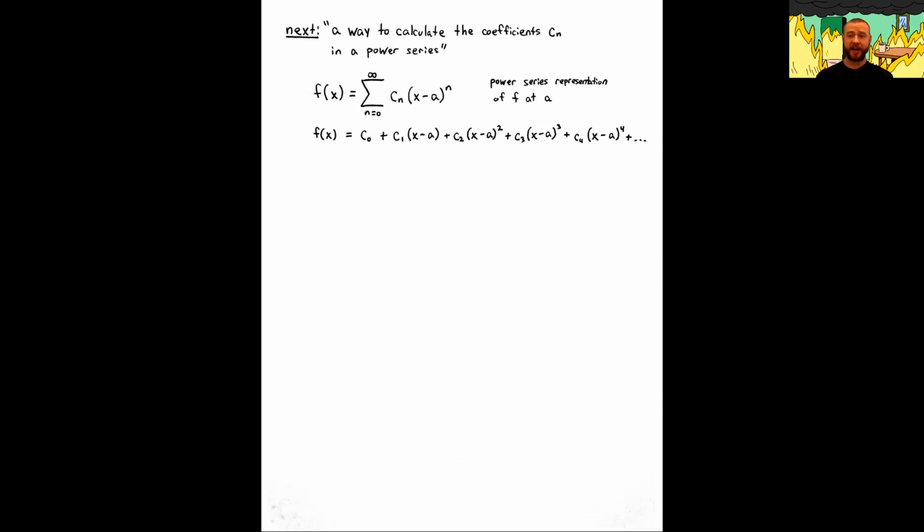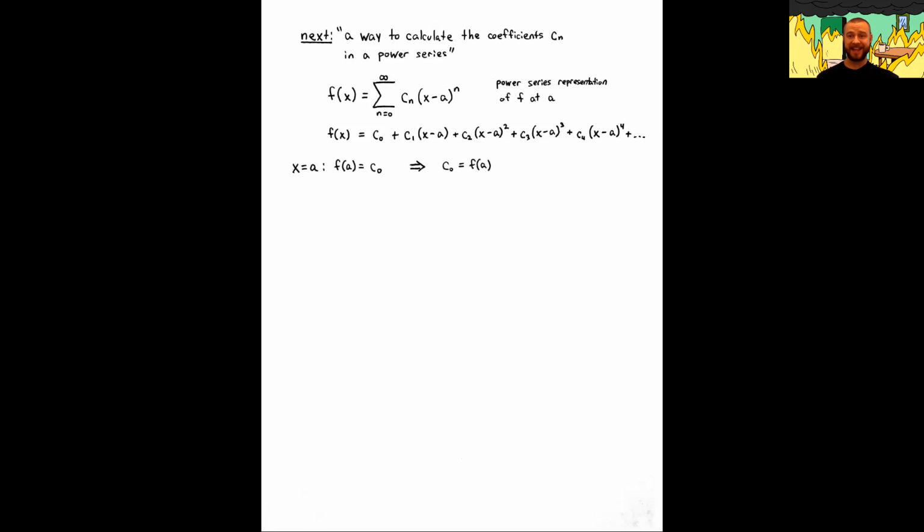Notice on the right-hand side, you have x minus a to various powers. Think of what would happen if you replace x with a: a minus a is 0. So almost all of the infinite terms on the right-hand side evaluate to 0 when we plug in a. But what you're left with on the right-hand side, the only non-zero term, would be c sub 0.